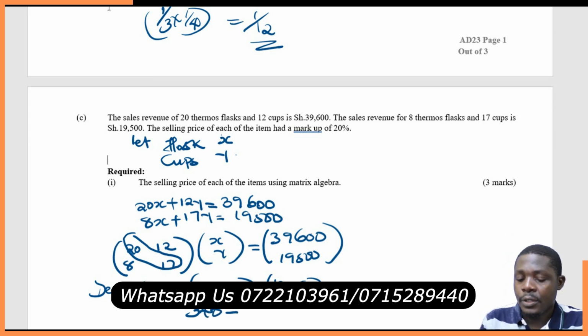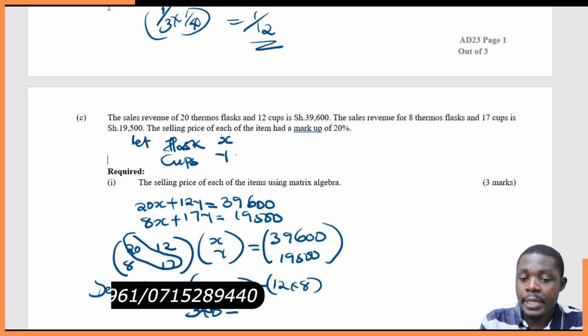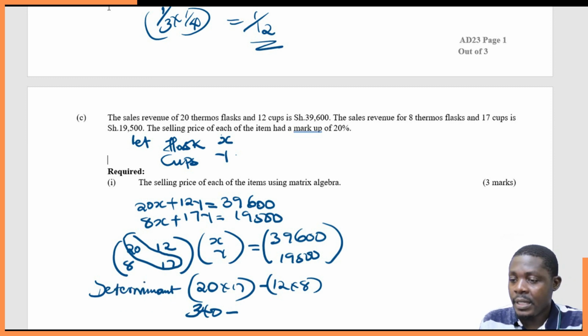We are minusing 12 multiplied by 8, that is 96. 340 minus 96, you should be getting 244.